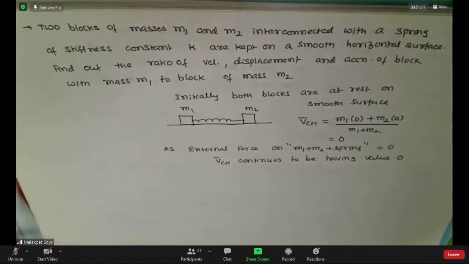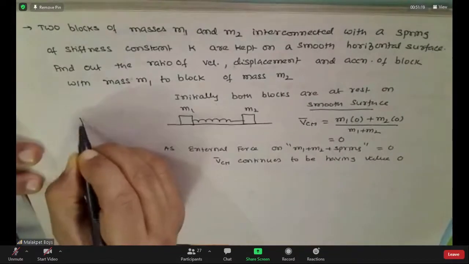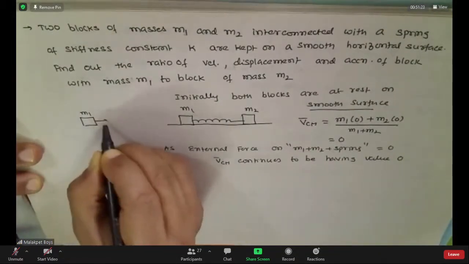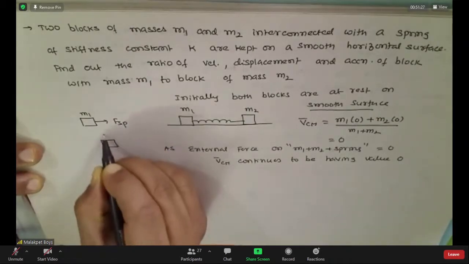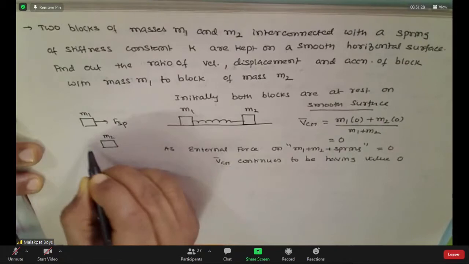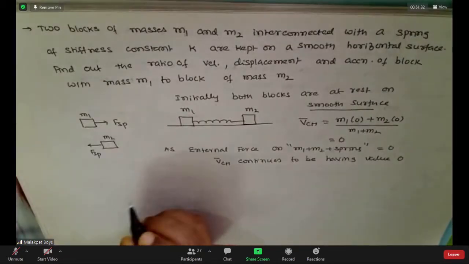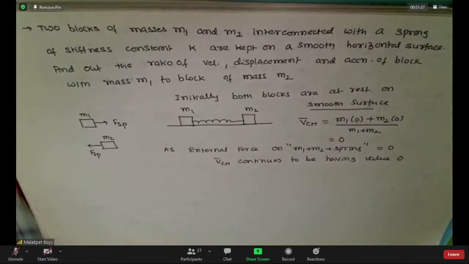Do you agree with this? Yes, sir. Because it is smooth, no external force. Remember that if we consider only M1, there is a spring force. Only M2, if you consider, there is a spring force. So M1 and M2 move, but the center of mass of the system will not move.